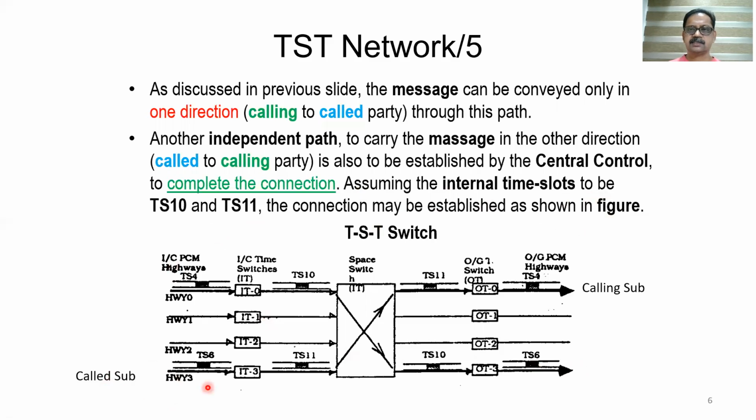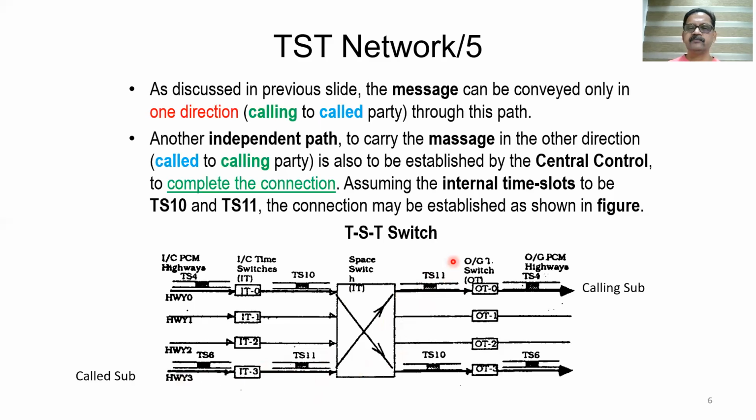So he enters, let us assume, on highway 3 in time slot 6. Here the time stage shifts his speech to time slot 11. Then you have the space stage, which shifts the highway from highway 3 to highway 0. Of course, time slot 11, the internal time slot, remains the same, whether it is highway 3 or highway 0.